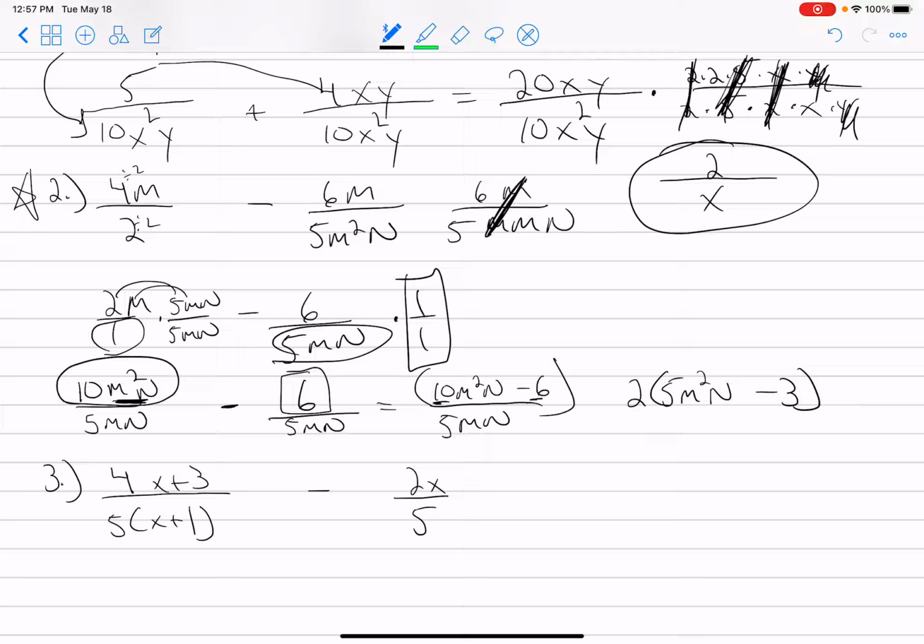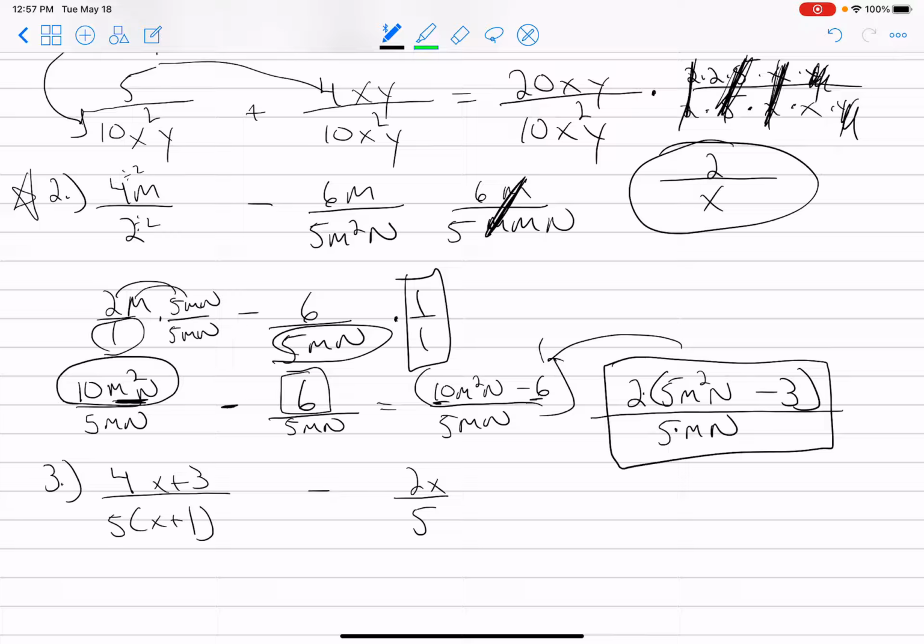Because if I multiplied it back, it would give me 10m squared n over 5mn. Now, still nothing I can do, but there's my final. If I could do something with the 2 and the 5, I would, but I can't. So that's my final answer.